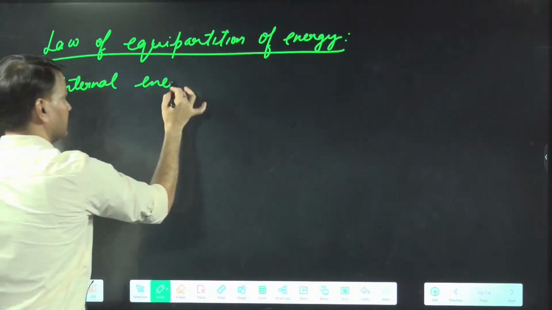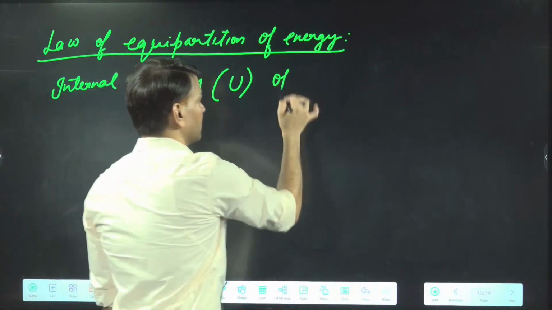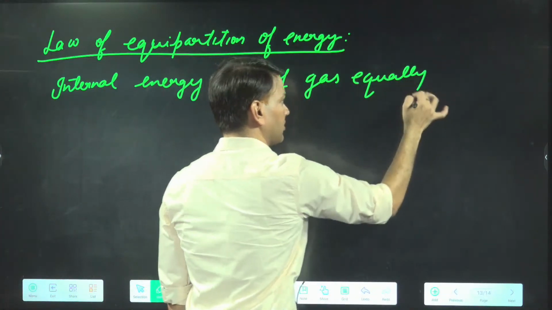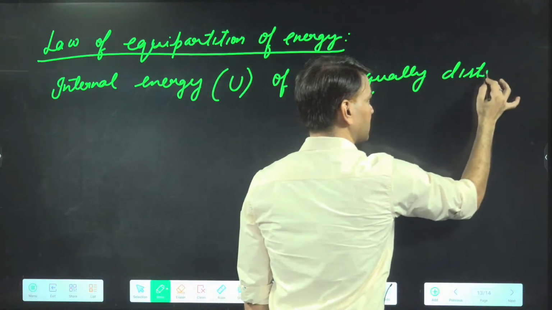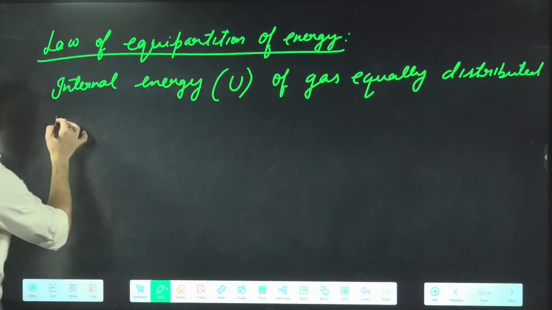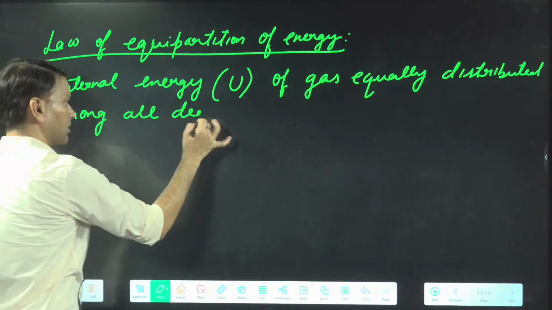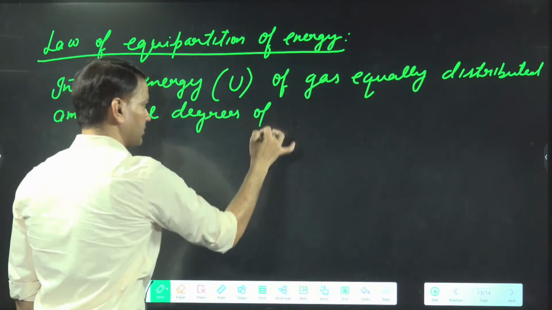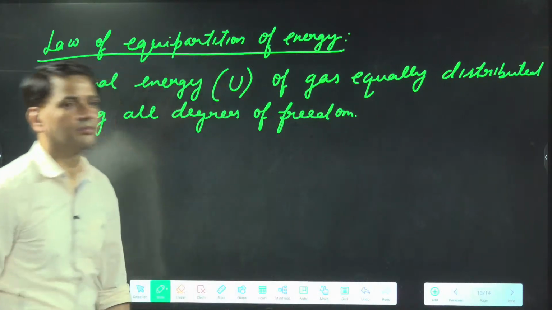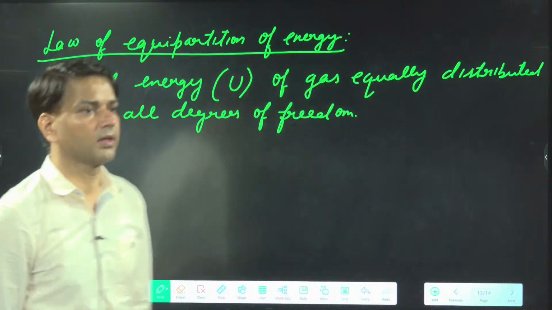Internal energy of a gas, which I will write as U, is equally distributed among all degrees of freedom.